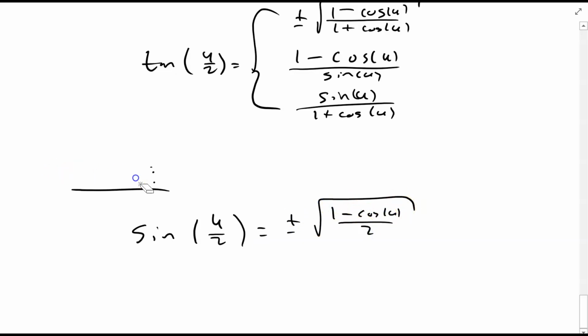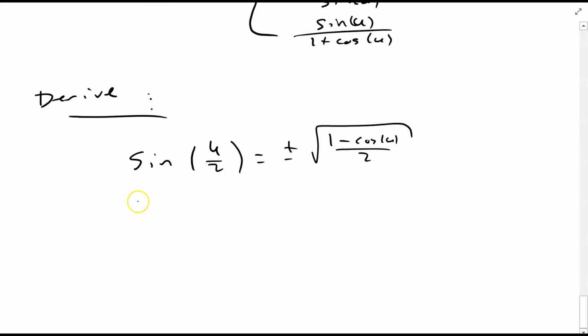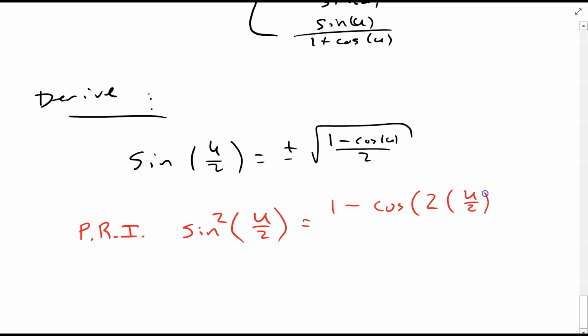Maybe that's a better word to use here. Well, what was the last identity we just talked about? The power-reducing identity. So I'm going to use the power-reducing identity on sine squared of u over 2. That's going to give me 1 minus cosine of 2 times u over 2, all over 2.